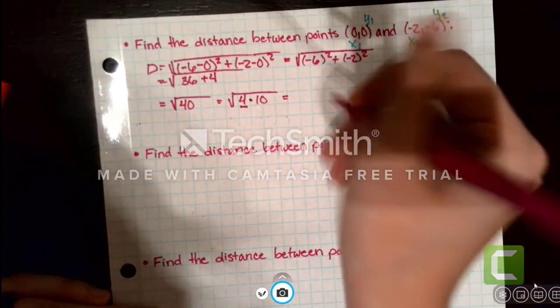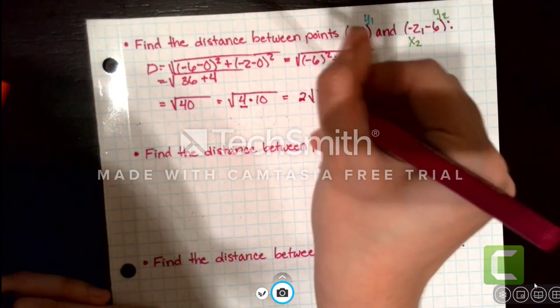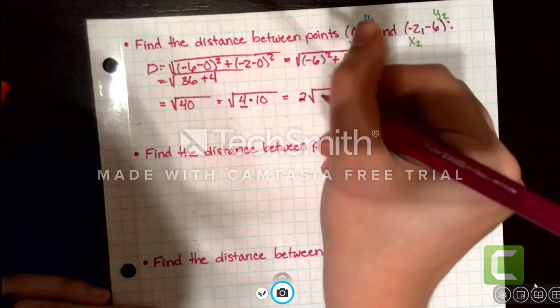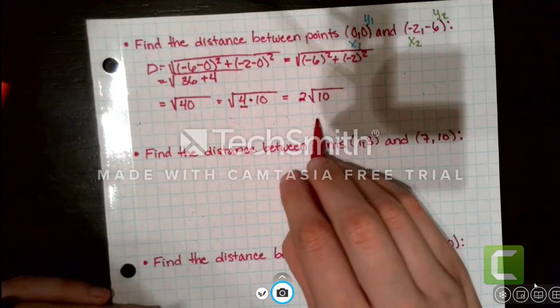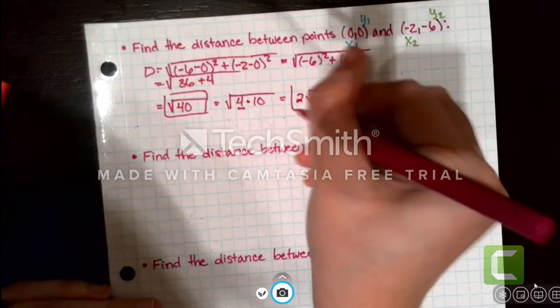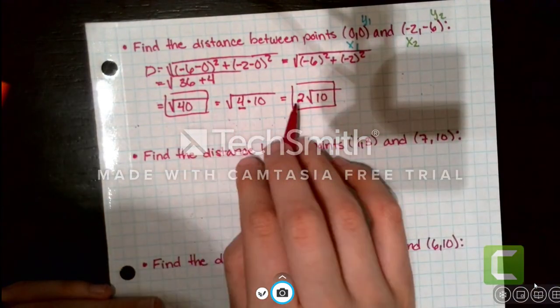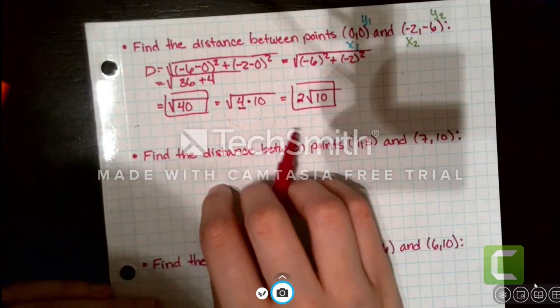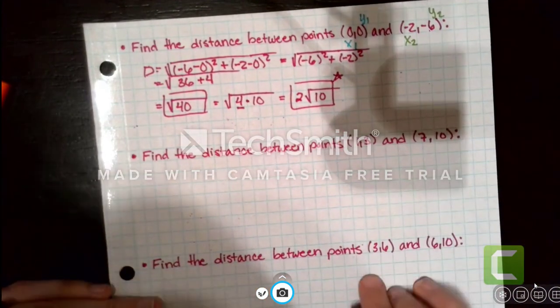Since I could square root the 4, that means I'll have a 2 on the outside. But 10 cannot be square rooted, so you leave it inside of the operation. Both this value and our final value will get you the same answer. But if you want something more clean and a little bit more simplified, I would suggest going as far as you can with it.